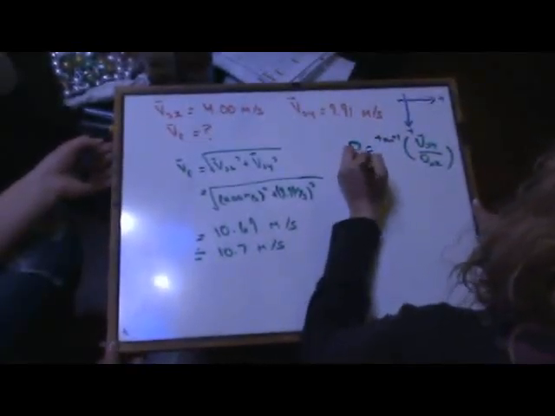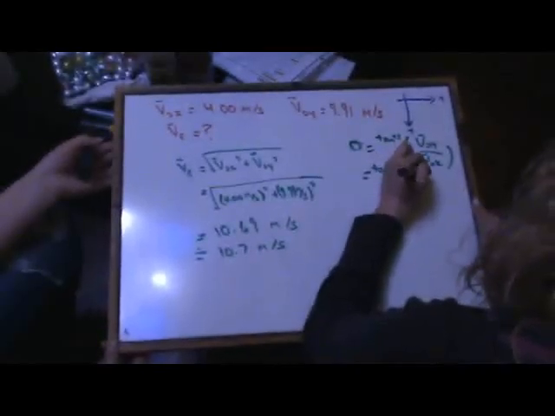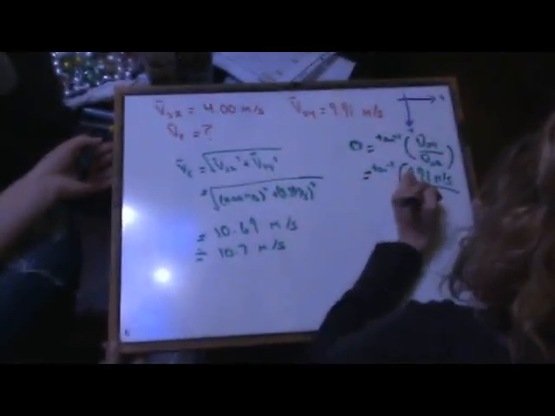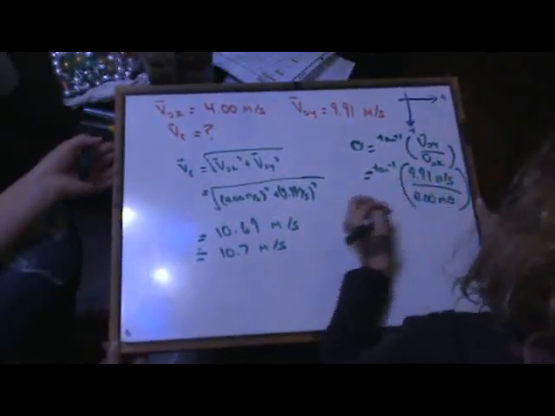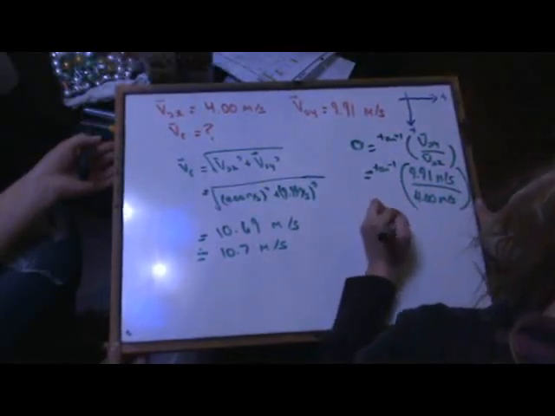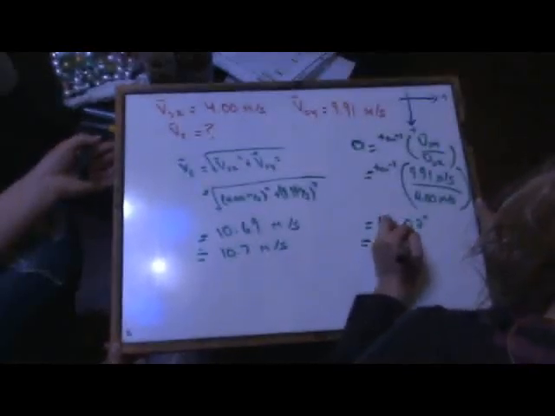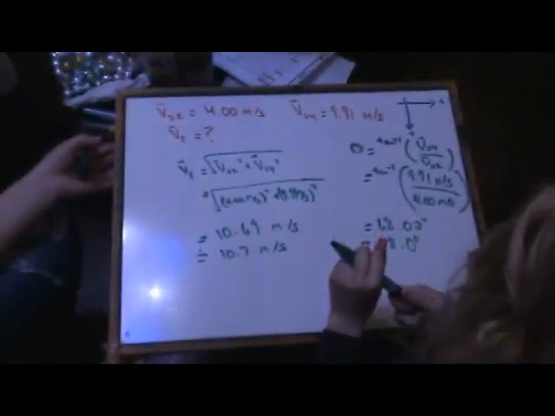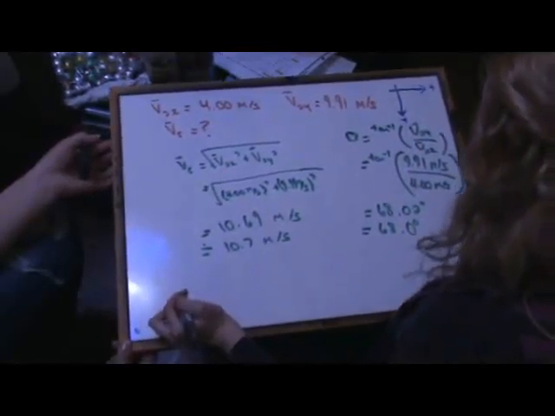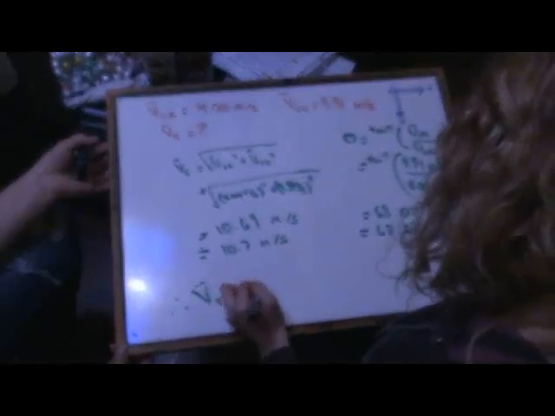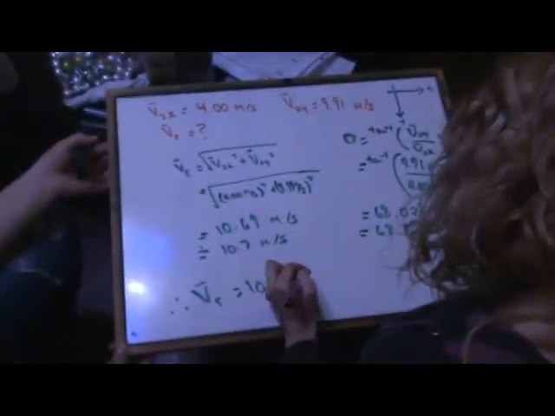Plugging in our givens, this gives us 9.91 meters per second over 4.00 meters per second, giving us an angle of 68.02 degrees, or in 3 sig digs, 68.0 degrees. Therefore, our final velocity is 10.7 meters per second, 68.0 degrees below the horizontal.